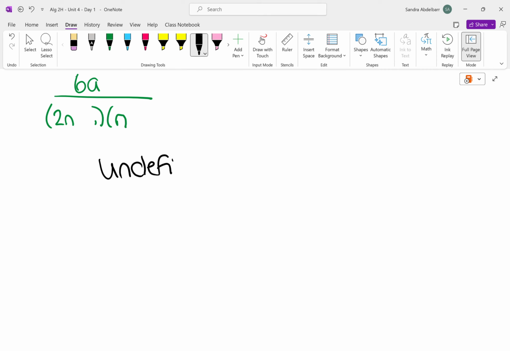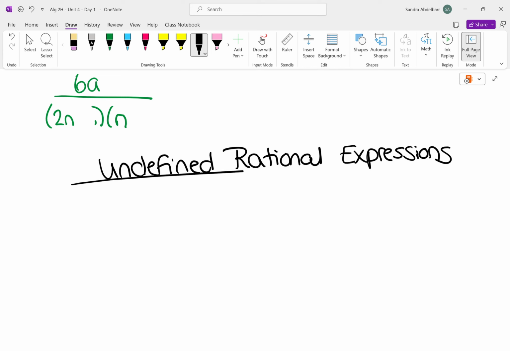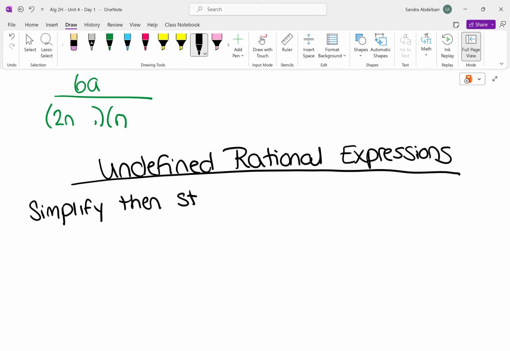All right, so now let's talk about undefined rational expressions. Simplify, then state restriction if needed.